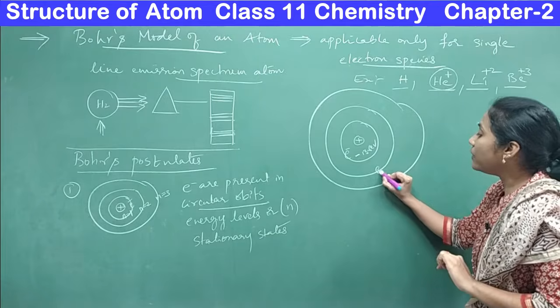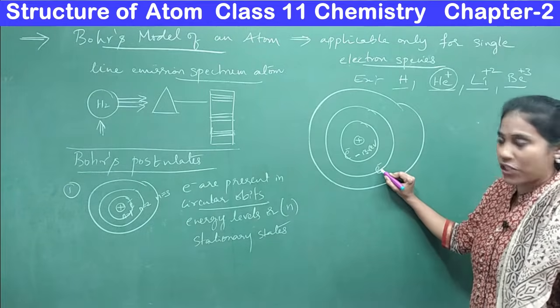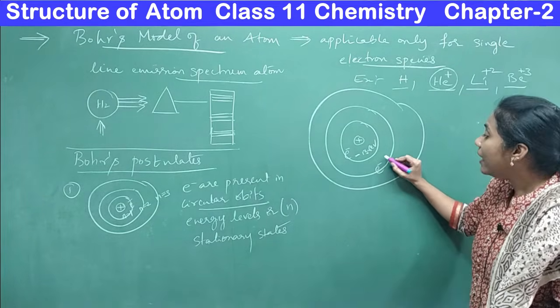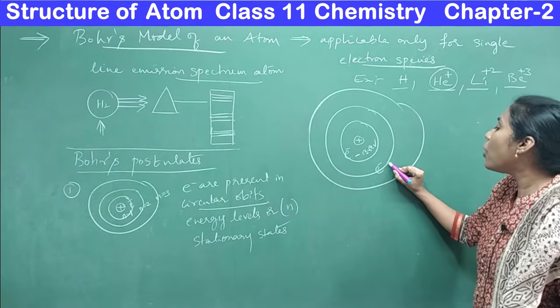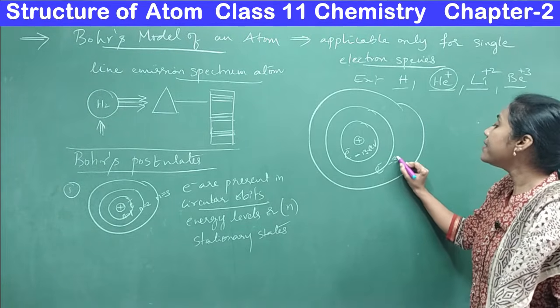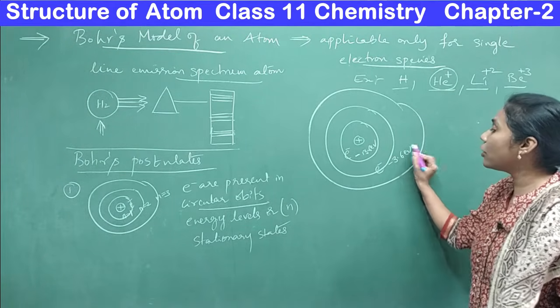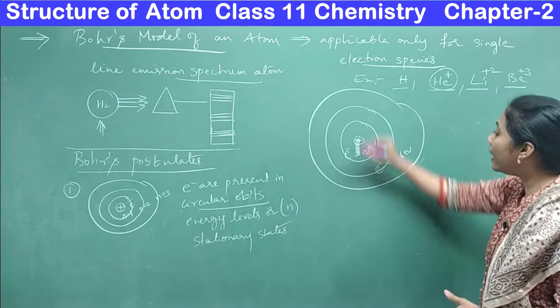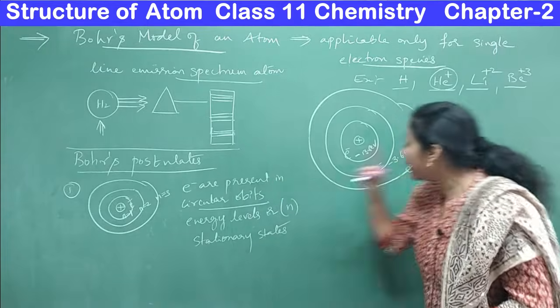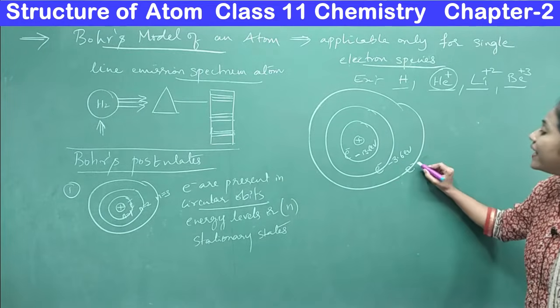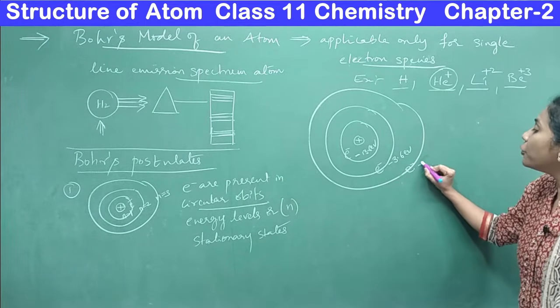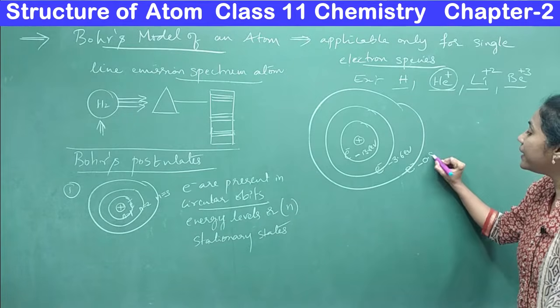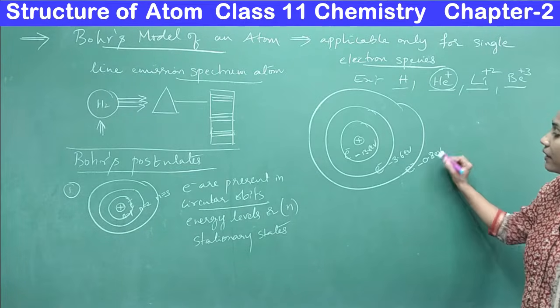And the electron present in the second shell, second energy level, will have an energy of around minus 3.6 electron volt. And the electron present in the third energy level or third shell will have an energy of around minus 0.8 electron volt, like that.